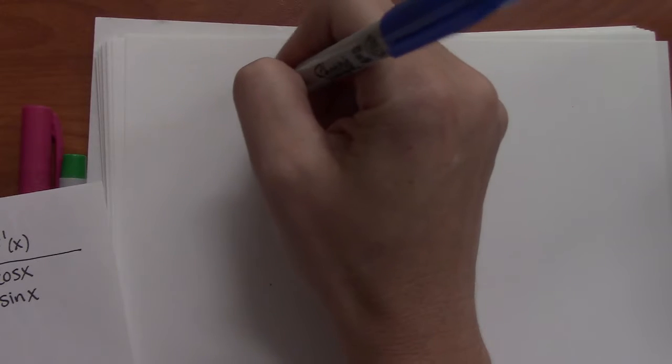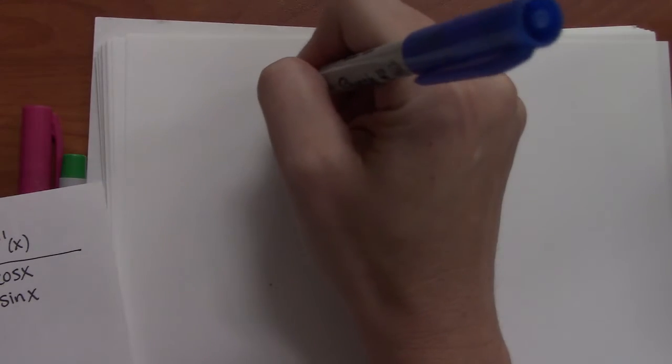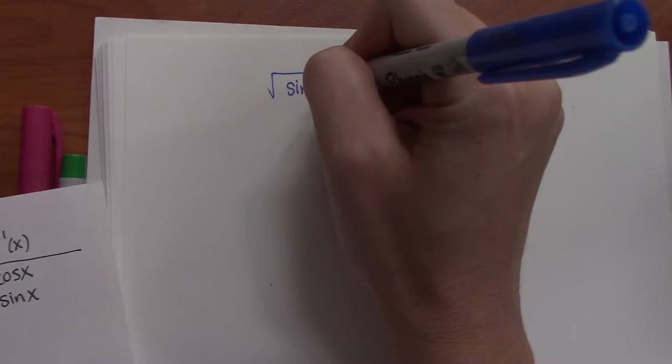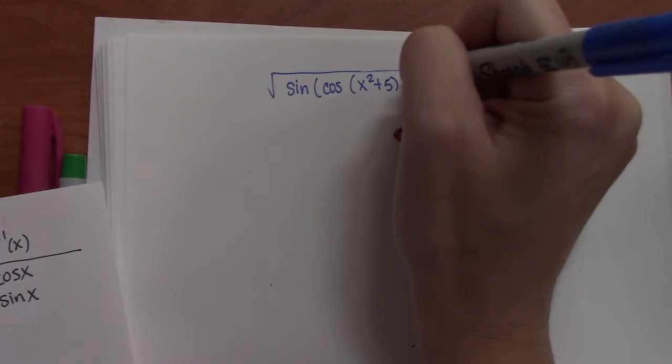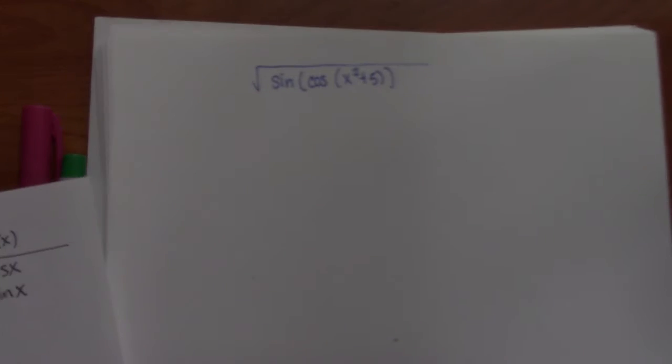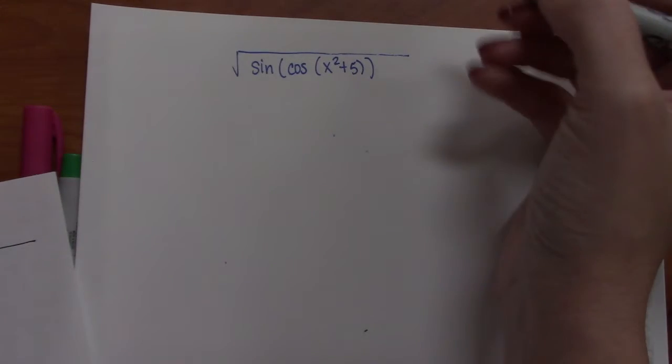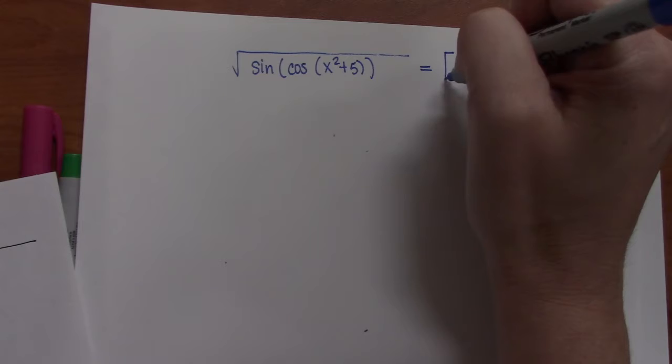So let's say this is just a hyper-extended chain rule problem. But let's say we do the square root of sine of cosine of x squared plus 5, okay?